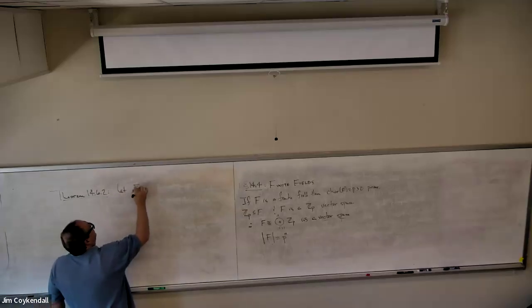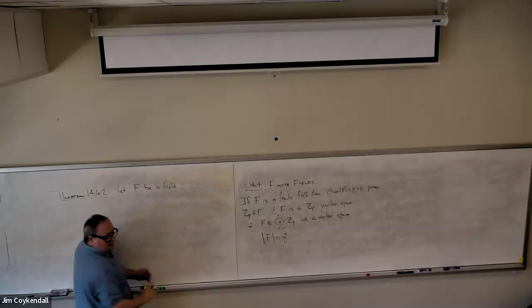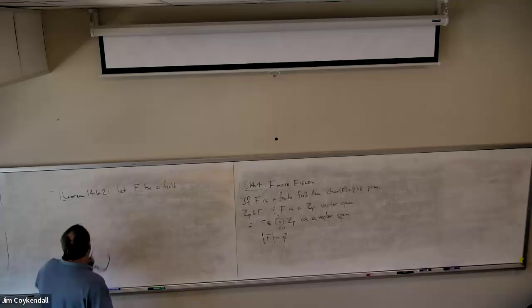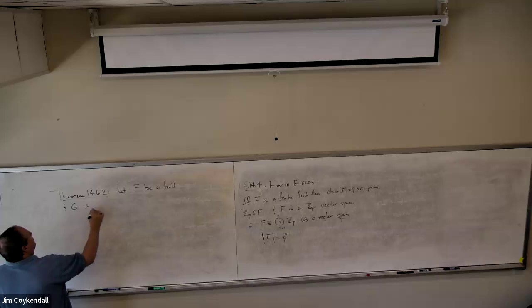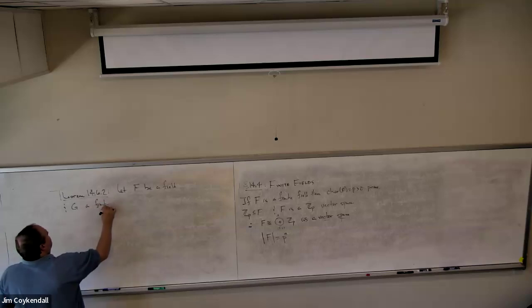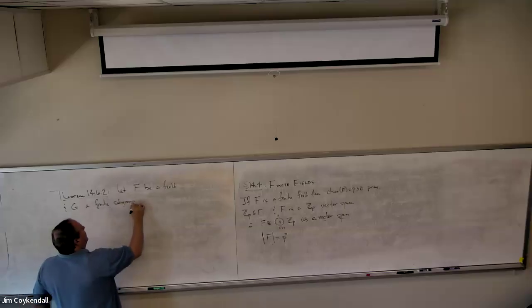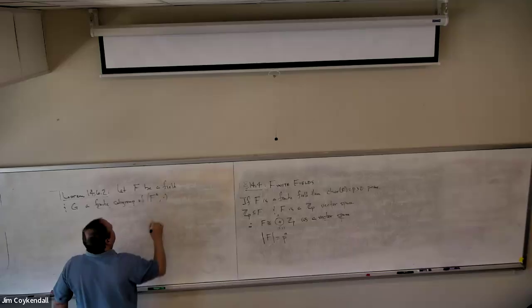Let F be a field and G a finite subgroup of the multiplicative group of the field, F star, under multiplication.